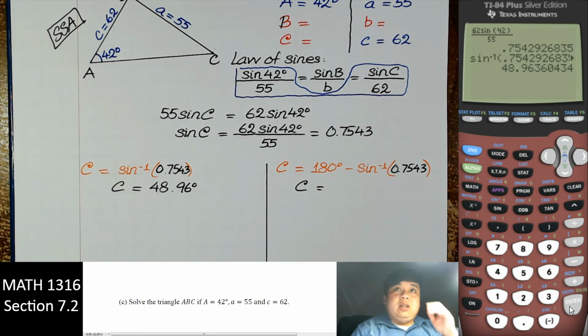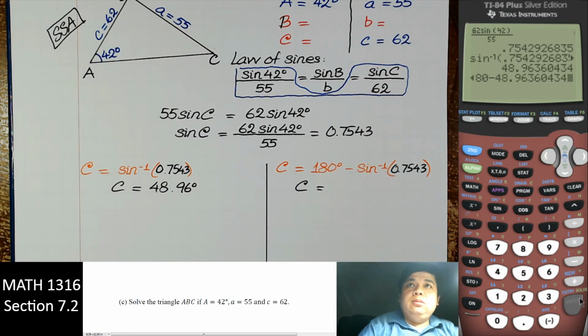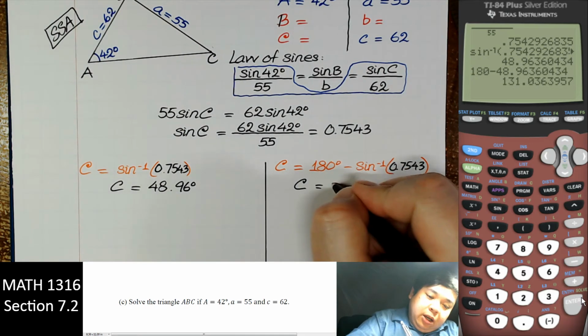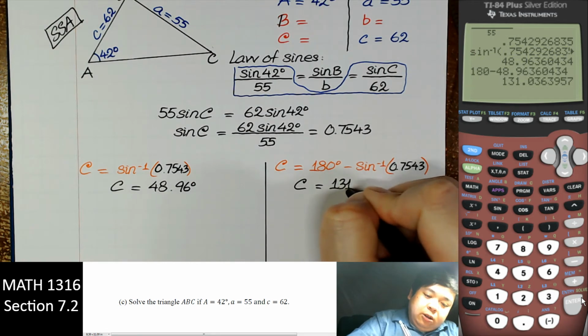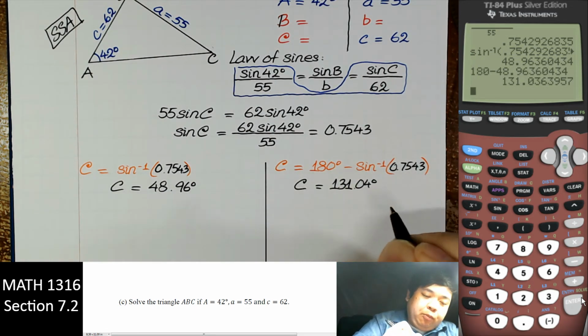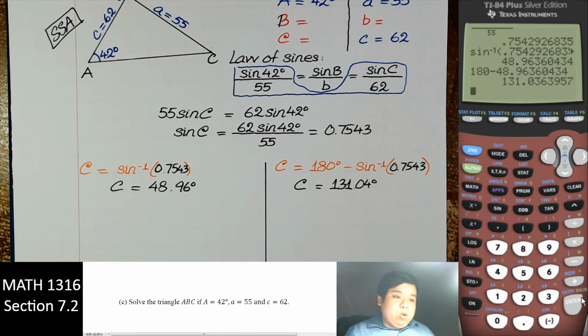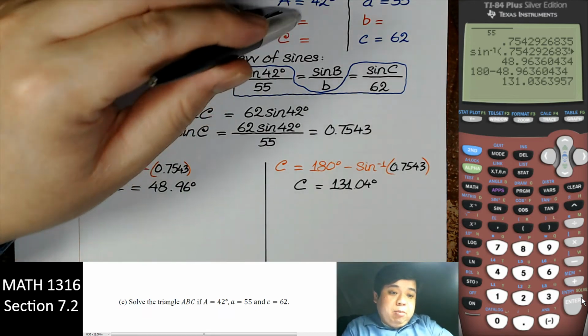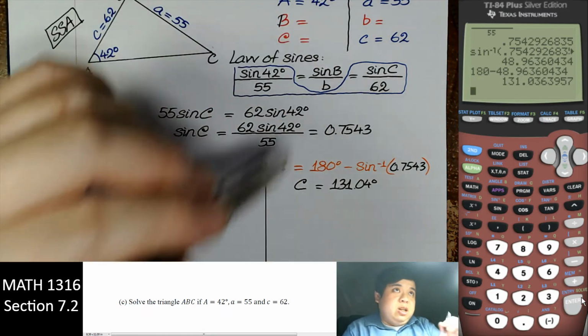We take the supplement to this, 180 minus that, 131.04 degrees. Right. So which one works? Maybe both, maybe none, maybe only one of them. Right. For both of them, let's put both of them into this example.